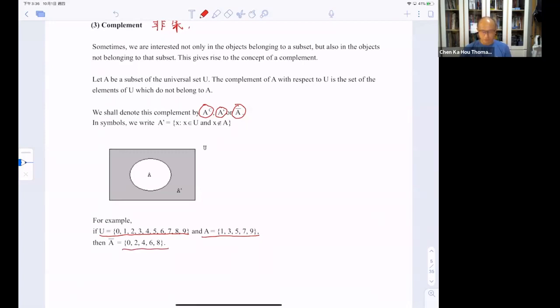Easy, right? Also you find that A union not A equals the universal set. Get it? If A is combined with not A, you get the universal set, that is this one.